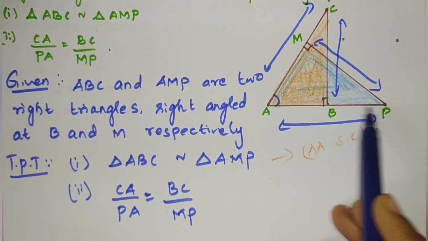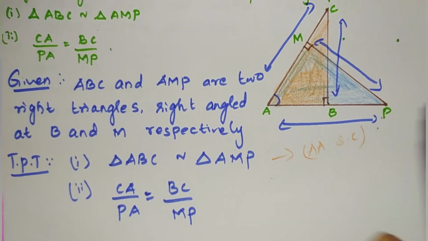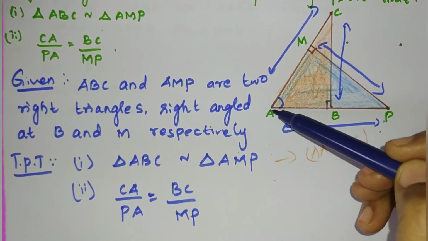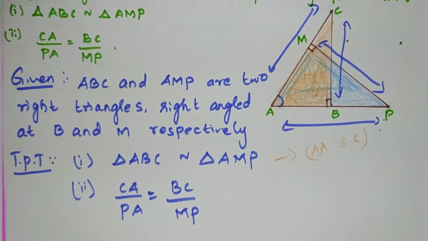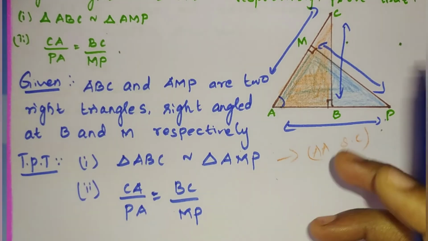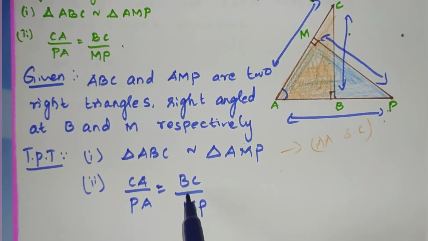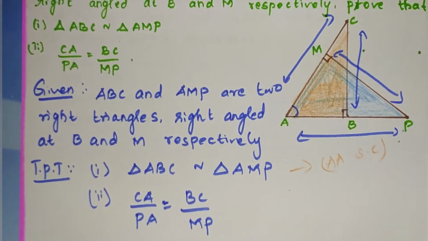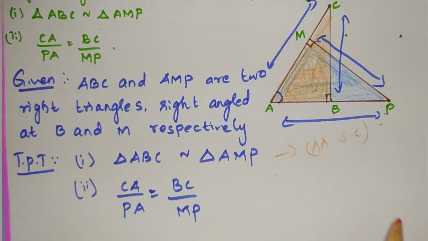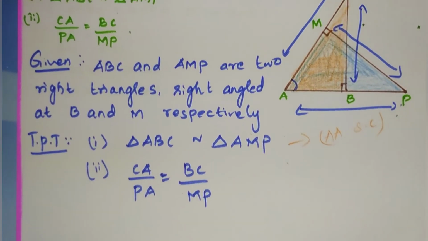If we prove that the two triangles are similar, then we can prove this by corresponding sides being in the same ratio. Clear? So first I am going to prove that the two triangles are similar.